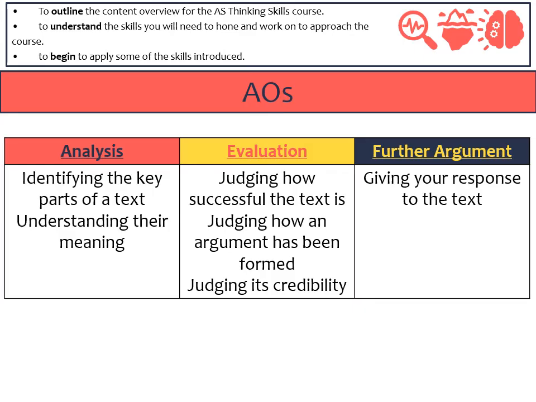So some of the questions posed during this thinking skills course, and questions that you might get in your examination, you might not know anything about before, but you'd be asked to read different pieces of text, pass judgment in the form of an evaluation after analysing it, and give your opinions as well, and that can be on a range of different topics. So the skills that are trying to be introduced through this course mean that you can hopefully apply that to any kind of information that you're shown.